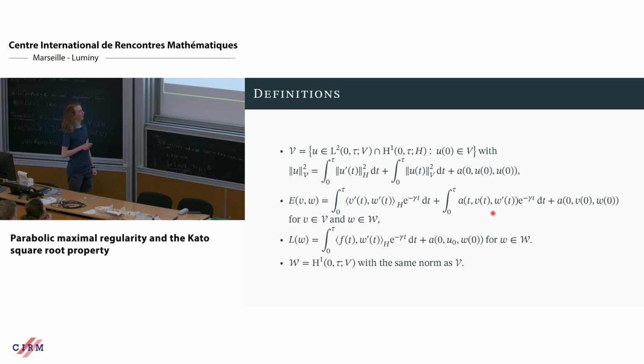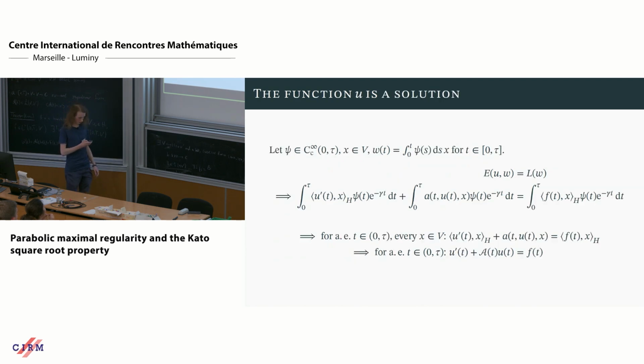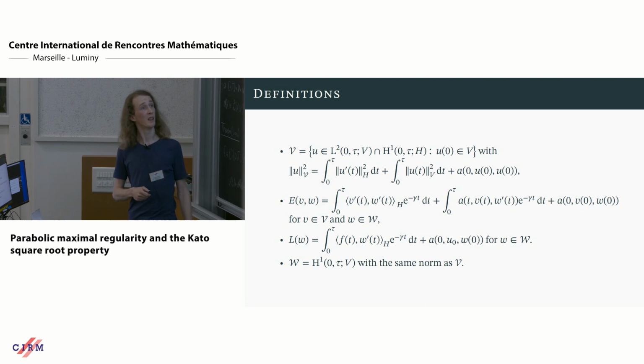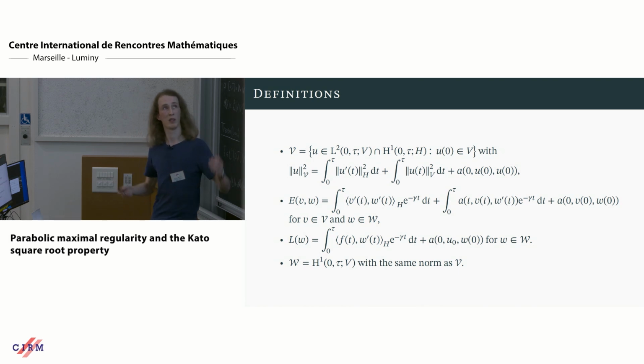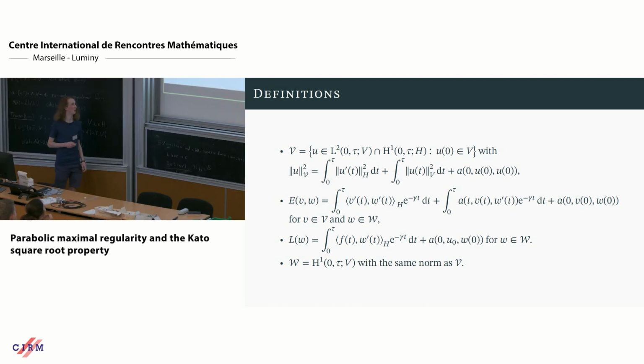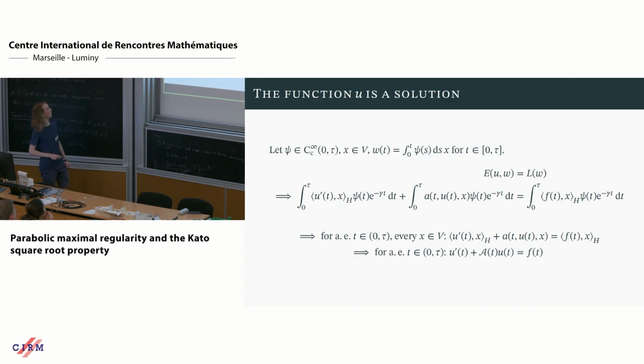And we need to plug our elements of W into the form, so we need W to be H1 with values in V. We take the same norm as V because it works, and we don't have to overcomplicate things. So we have constructed these things. We need to make sure this U will be a solution, and this is actually coercive. U is a solution.